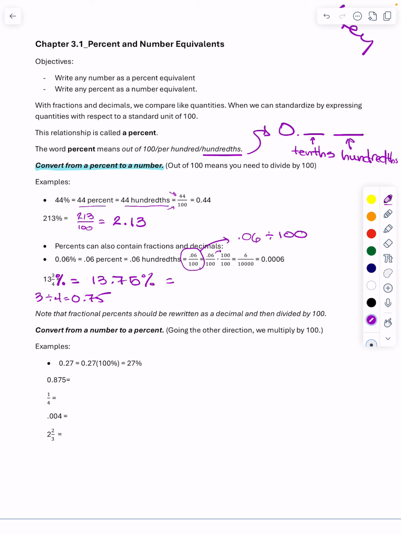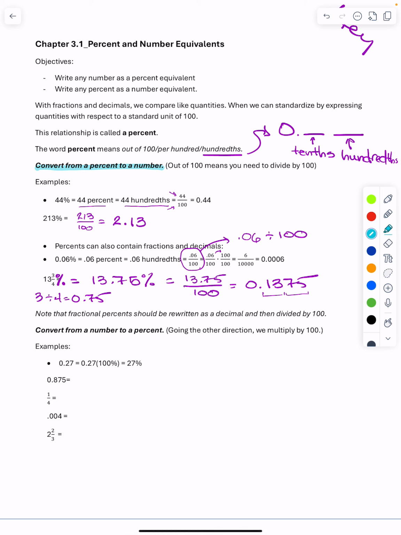That means when we write this as a fraction, it's 13.75 over 100. I will correct that next time I fix these notes. When we divide, I get 0.1375. Notice here's my whole number percent. There's my 13% part. And then here's the part of the single percent. So remember, we do want to take that fraction, rewrite it as a decimal before we divide. And I apologize for the confusion and my first misstep there.